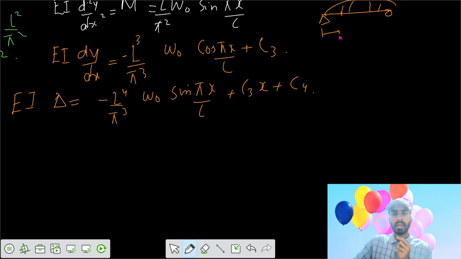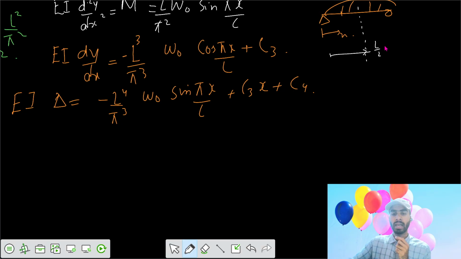We can write that at x equals 0, theta would be theta max, and at x equals L by 2, since the loading is symmetric, delta is delta max.